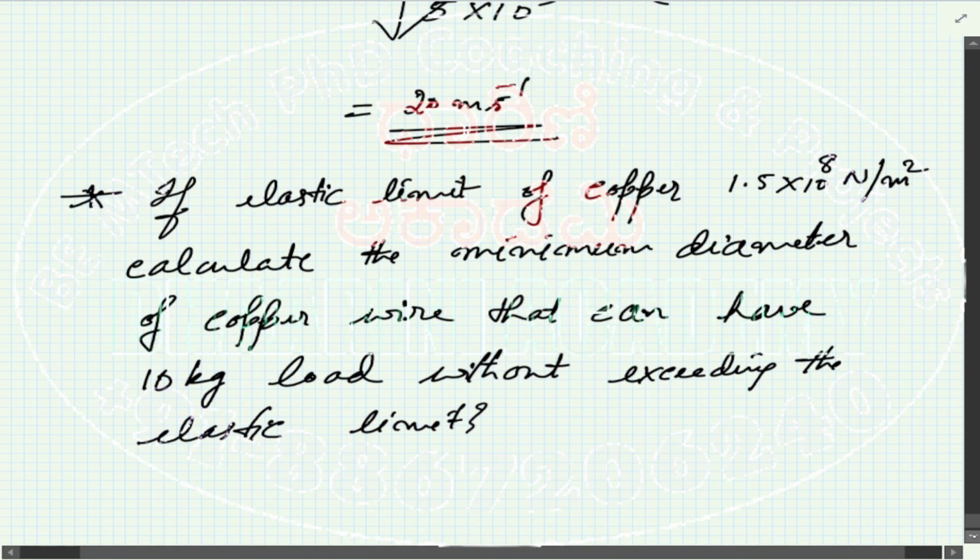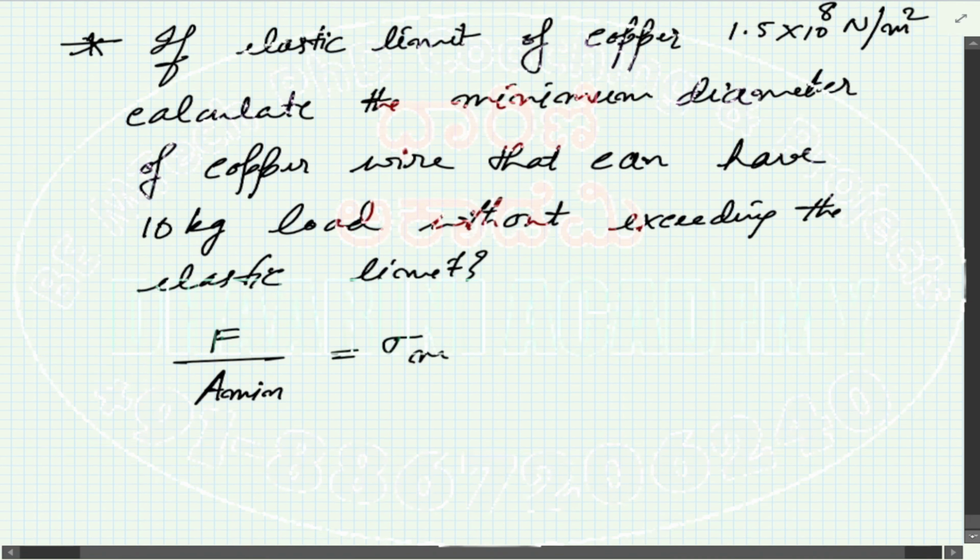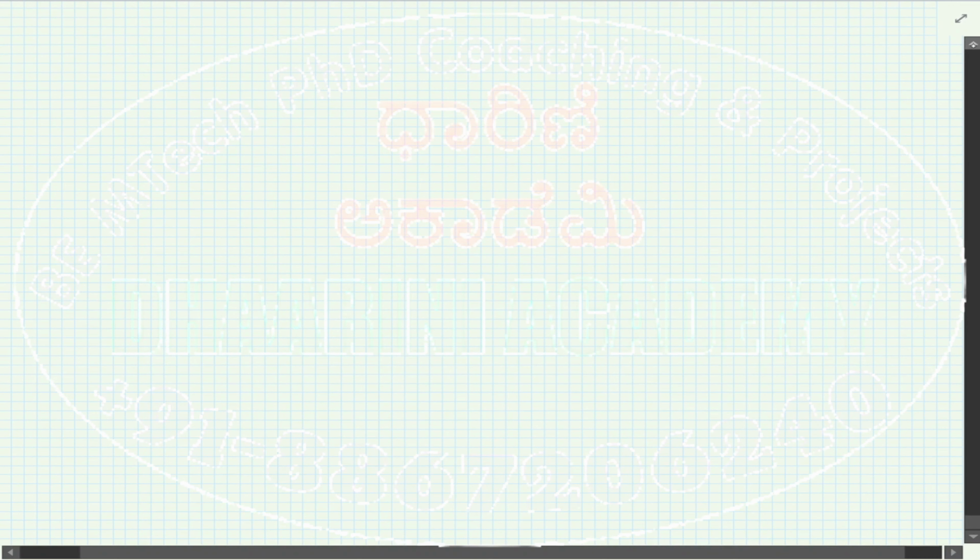So what should be the diameter of the copper wire so that you can have 10 kg without exceeding the limit, right? So we know that the force that you apply divided by the minimum amount of area, that is A minimum, is nothing but the sigma. Okay, so sigma itself is this elastic limit. Now under this condition I need to substitute for area first.